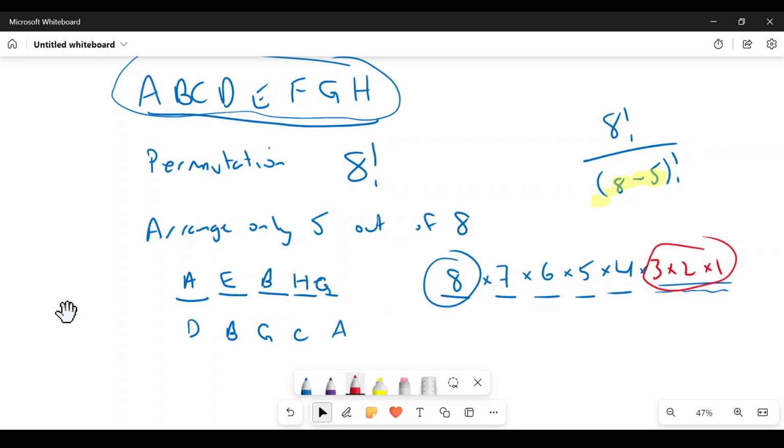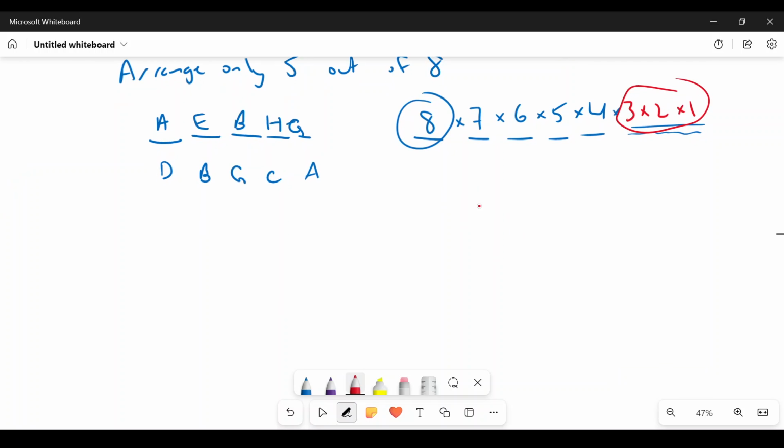But that's not what we need, but I will tell you that that is also a button on your calculator. It probably looks like this, or it might look like this. So for example, to do 8 times 7 times 6 times 5 times 4 and stop there, you do 8P5. So you have 8 different objects, permuting them, arranging them into 5 spots. We don't need that information.